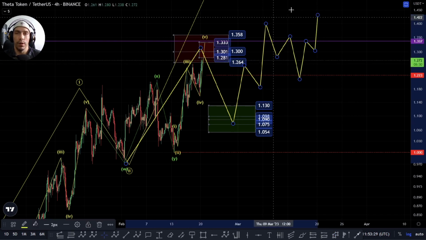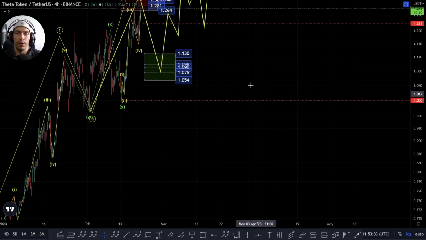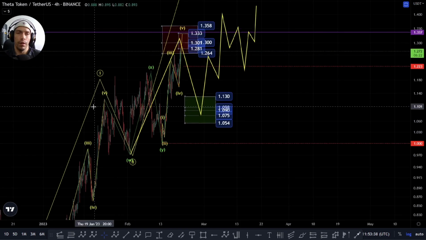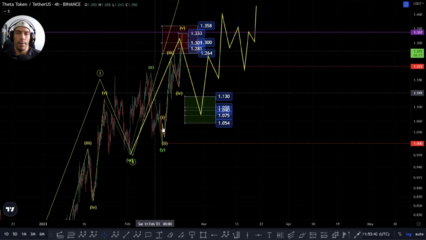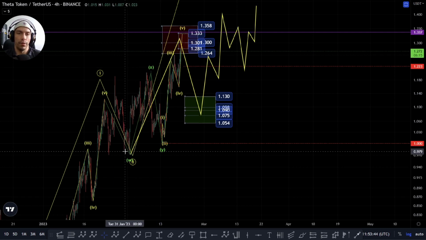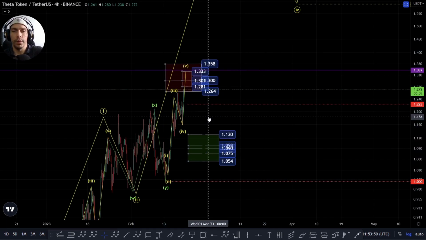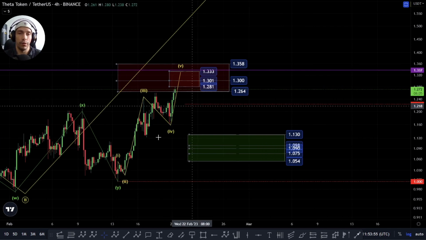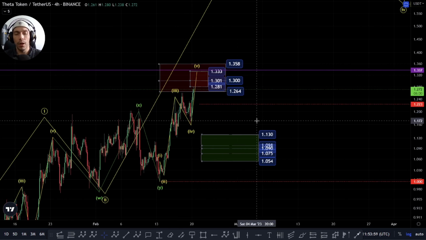If that's the case, this would indicate that this is the end of a move here, and then we'd be looking for that potential to break to the downside. If we did get it like this, we could potentially argue that we could shift some of these wave counts across slightly, and then our fourth comes into here, and then we end this move with the diagonal as a 5th. So these are always options that are available. But for the most part, with the current structure we have, these are the most likely counts in my opinion. Okay, I'm going to leave it there.